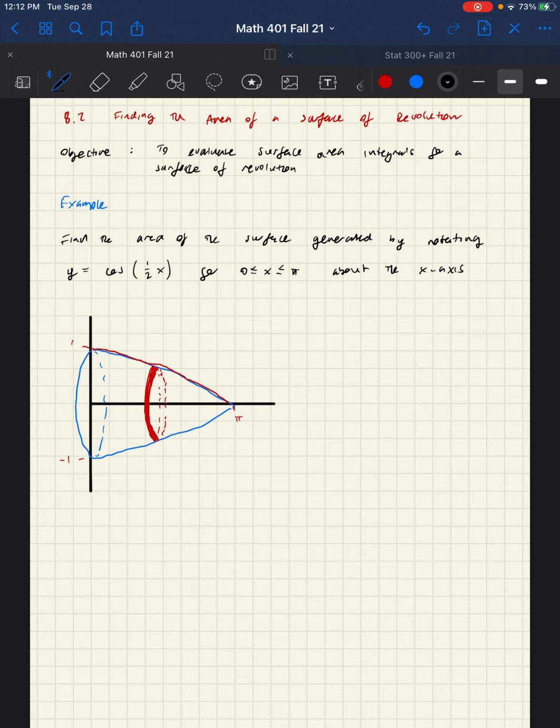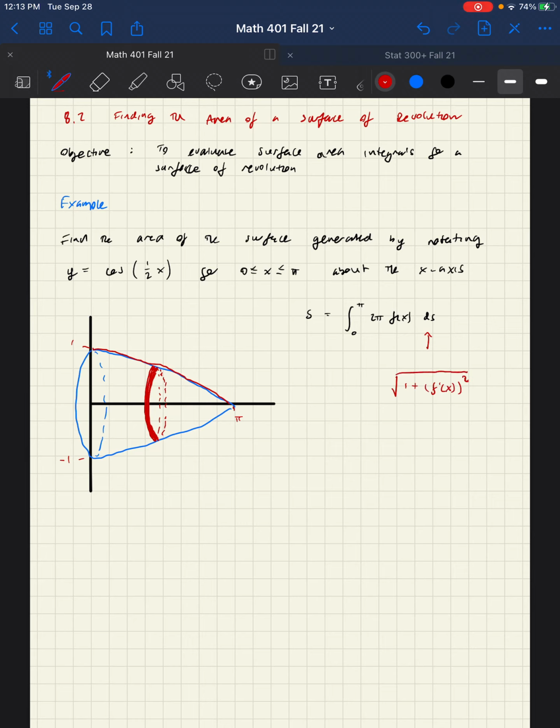So if we want to find the area, we want to identify really two main pieces here. First, what is the ds, the infinitesimal arc length? And what is the full integrand of this function? So I'm going to write this as s equals the integral from 0 to pi of 2 pi f of x ds.